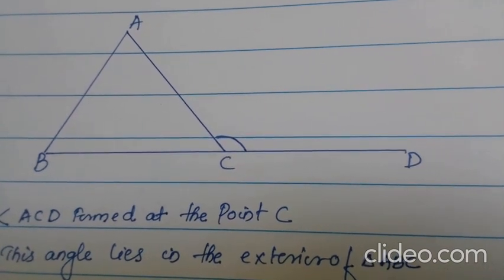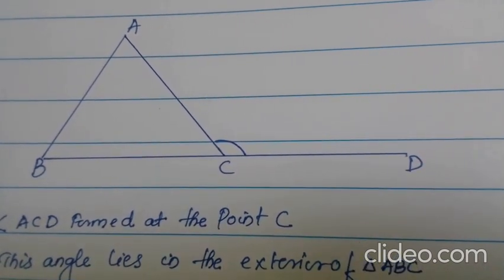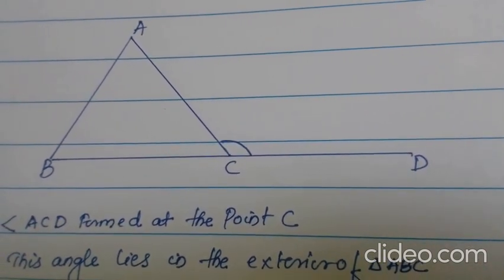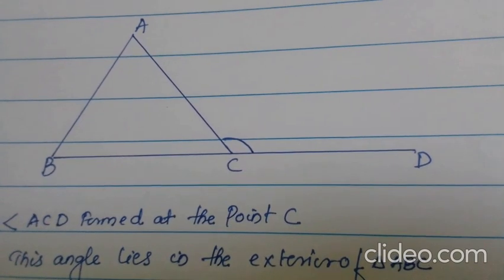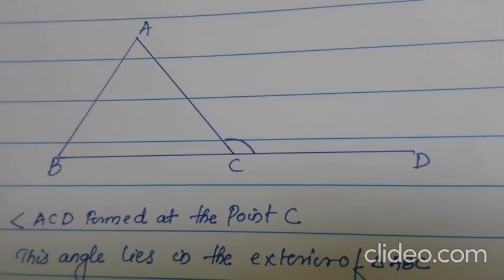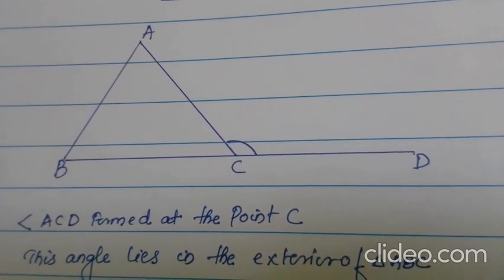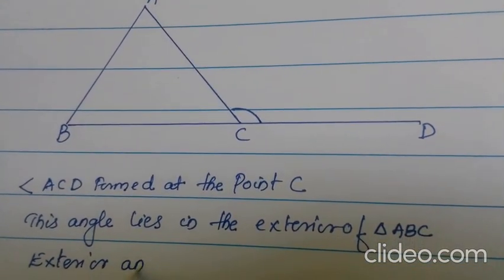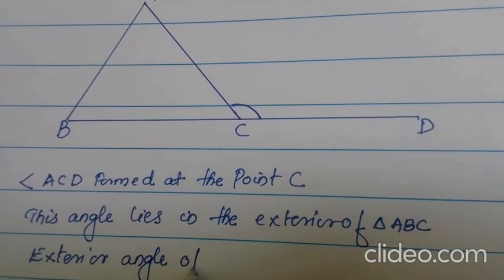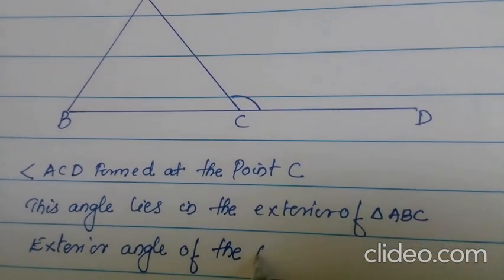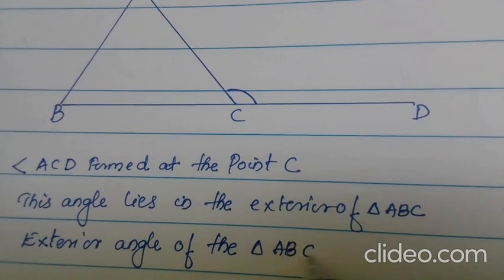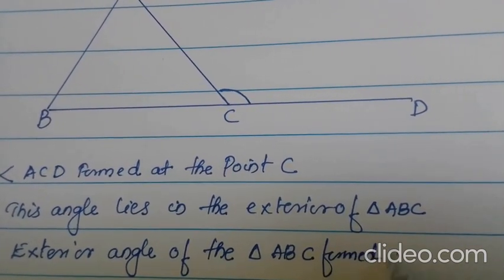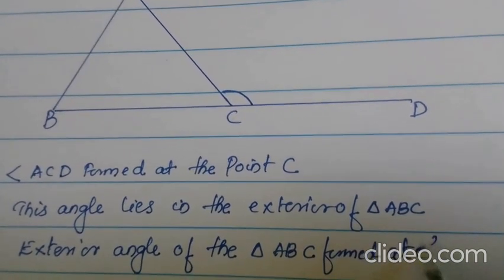That means angle ACD lies exterior of triangle ABC. We call it an exterior angle of the triangle ABC formed at C. Is it?